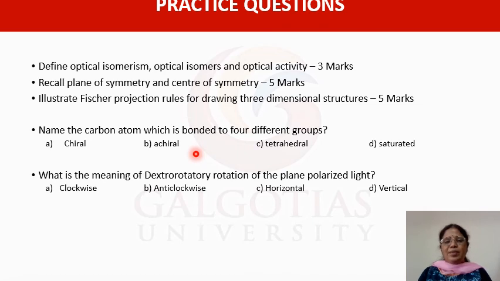Then another system, the EZ nomenclature system, followed by the syn and anti nomenclature system. All the systems have their own specific requirements. If we remember that, then we can easily answer the questions. It is also essential to remember what E stands for and what Z stands for in the EZ system of nomenclature.